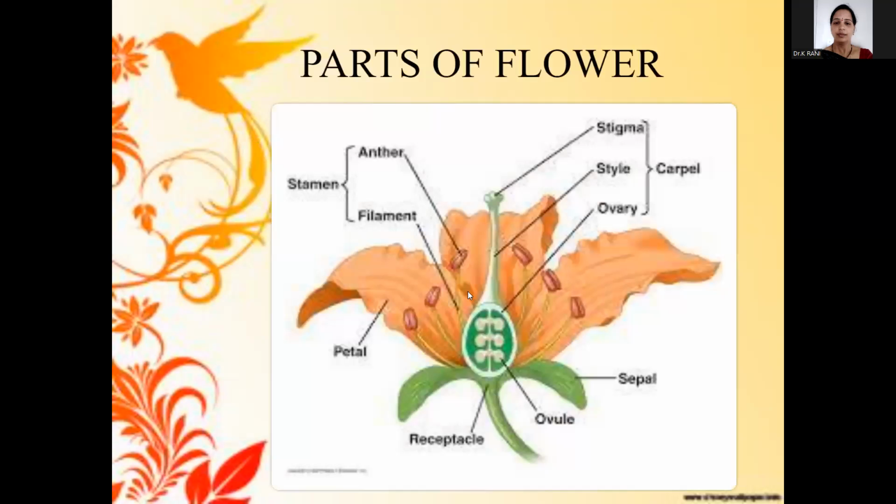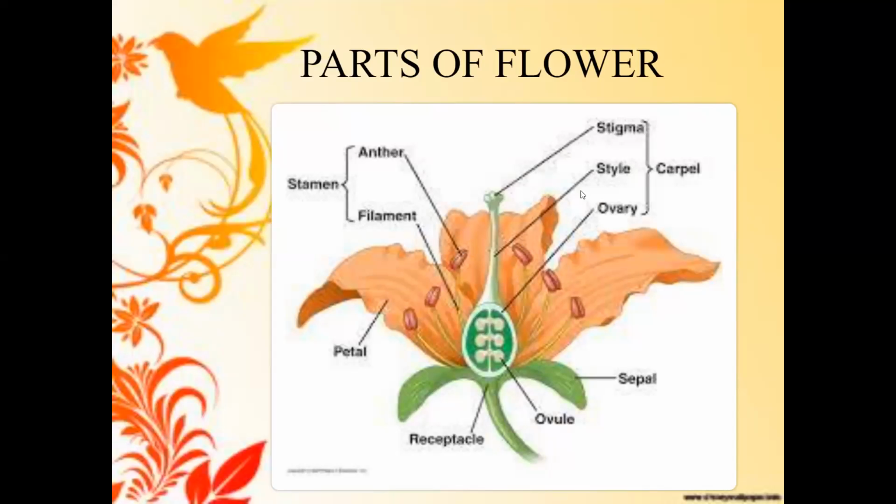These are the parts of the flower: sepal, ovule, receptacle, petal, stamen, anther and filament. This is the megasporangium or ovule structure.